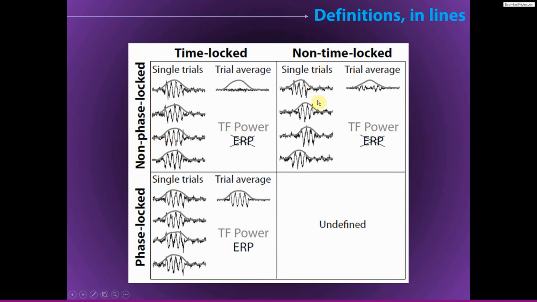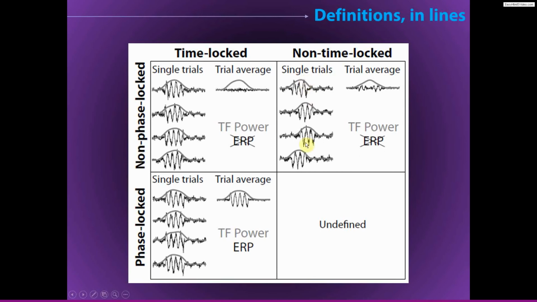And in this quadrant we have something that is non-time-locked and non-phase-locked. So now you can see the phases are different over trials, and the timing is also different. In this trial the dynamic starts earlier, and this trial it starts a bit later, and a bit later, and so on. Whether you can measure non-time-locked activity in EEG really depends on how non-time-locked it is.